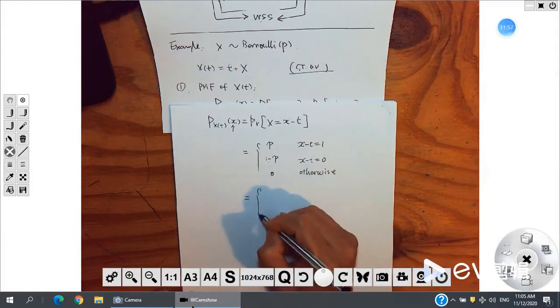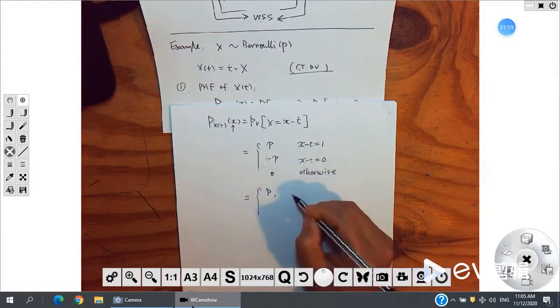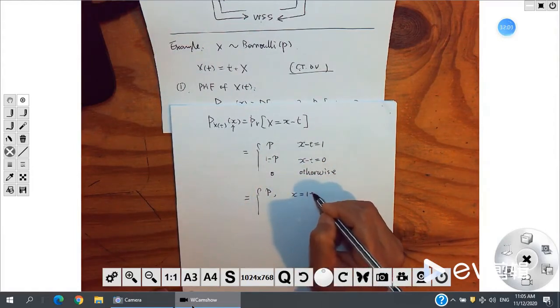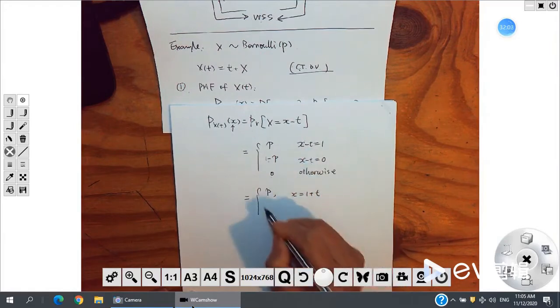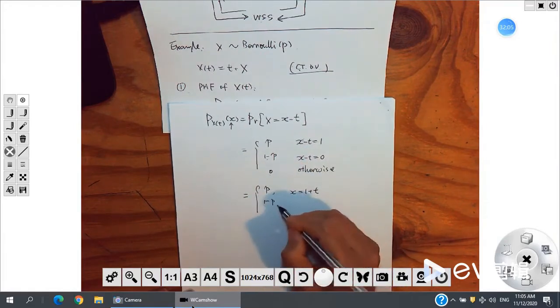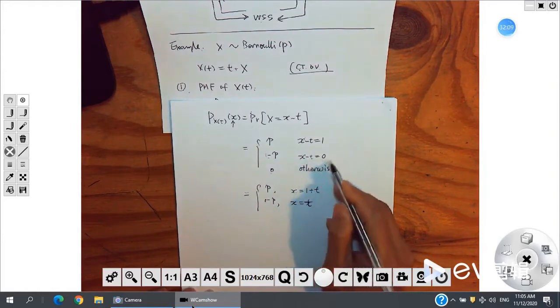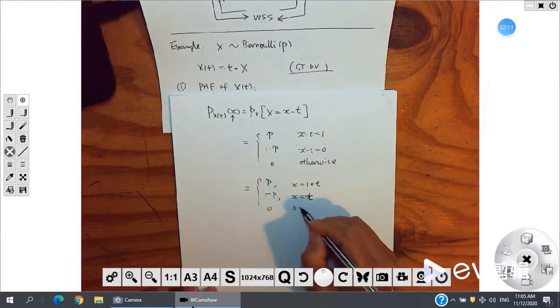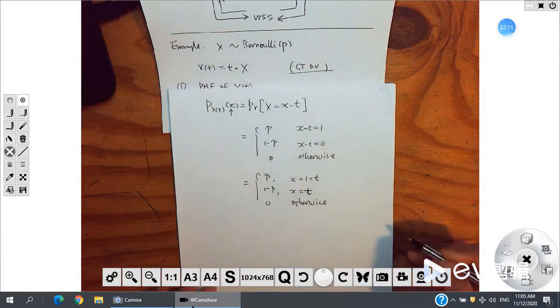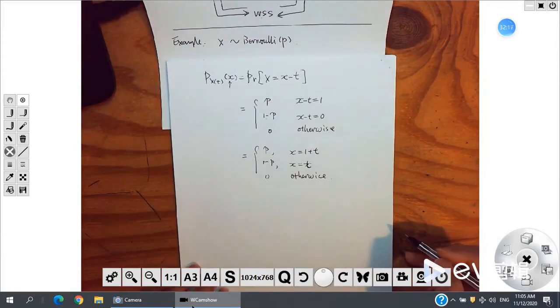So this is p if x equal to 1 plus t, and it is 1 minus p if x is t, and 0 otherwise. Okay, we have the PMF.